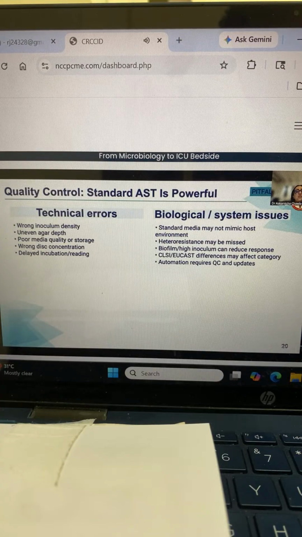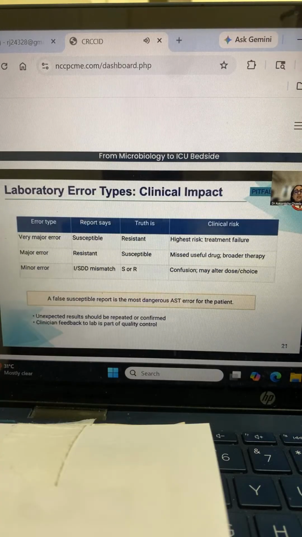Now, quality control is another part which is important, especially when your AST reports are concerned. There are various errors at technical level, at system level, and even at the lab level. So, let's look at one of the errors at the lab level, which is like a major error, a false susceptible report, which is very dangerous. You've received a report which shows that your organism is susceptible to a particular antibiotic, but the truth is actually resistant.